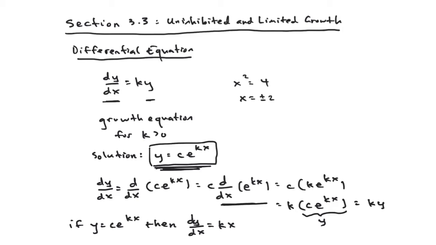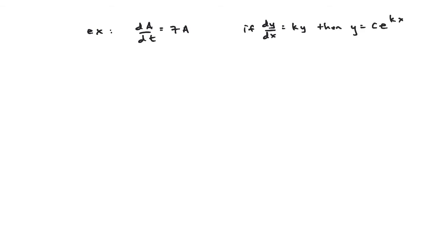We can see this in a number of different ways, so let's look at some examples. Let's say we have dA dt is equal to 7 times A. From our previous slide, we saw that if dy dx is equal to k times y, then y is equal to c times e to the kx.